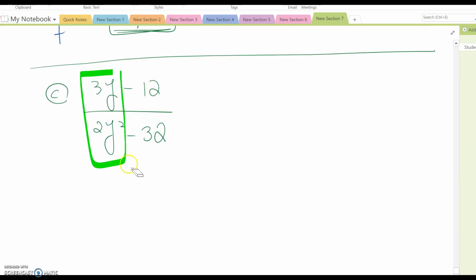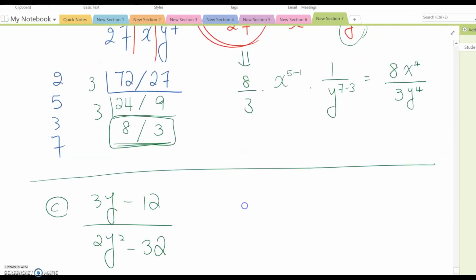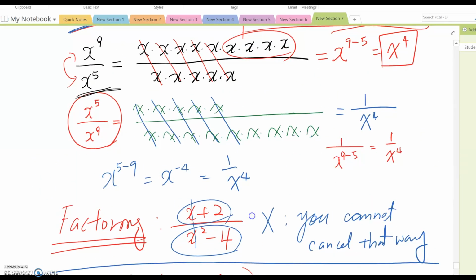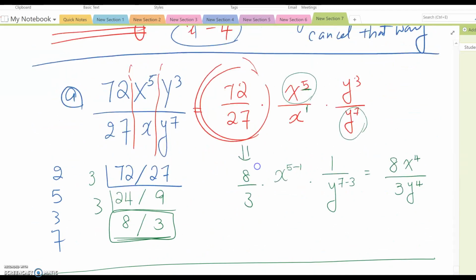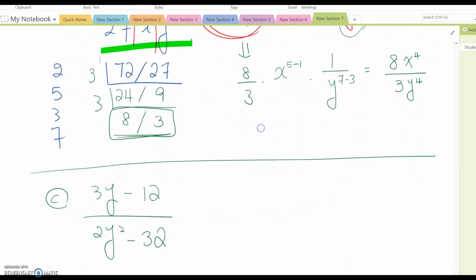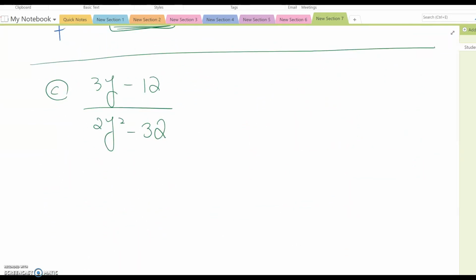There's no way. You need to factor first because they are not monomials like in the previous problem. In that problem, everything is multiplying each other, right? So monomial over monomial, you could do so. But now this one is not, because it's binomial over binomial. So you must use factoring.